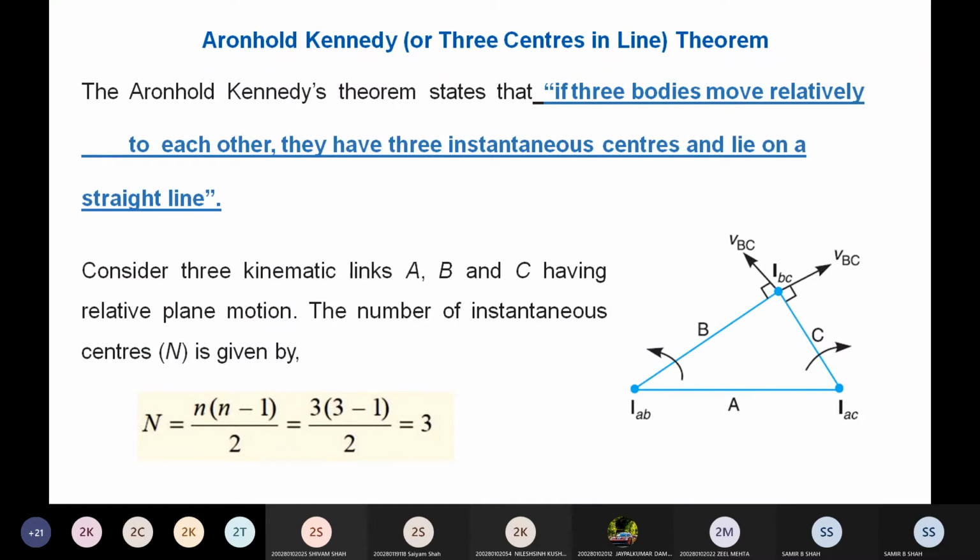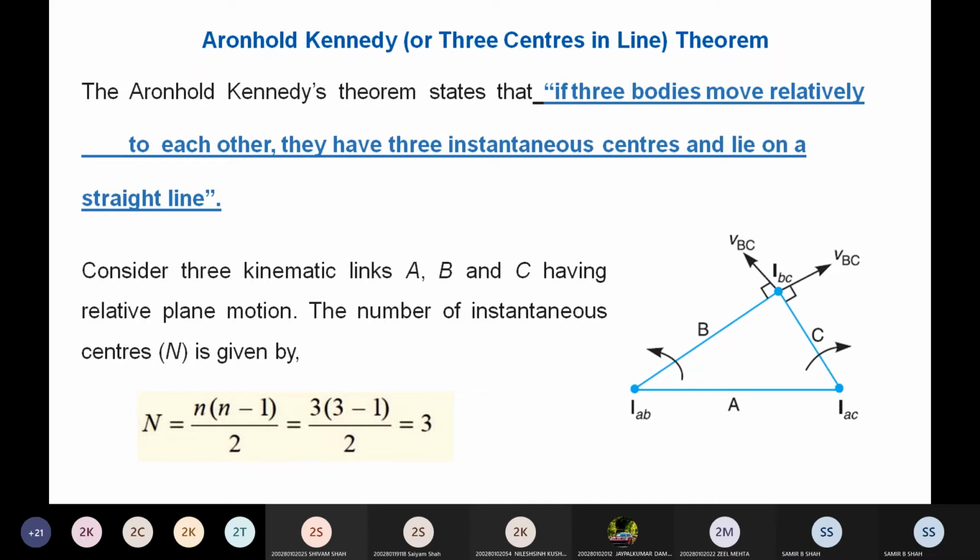If it is asked in your exam, then initially you have to define the statement that if three bodies move relative to each other, they have three I centers and they lie on a straight line. If there are three bodies and all move with each other, then definitely we get three I centers, but all three I centers lie on a straight line.